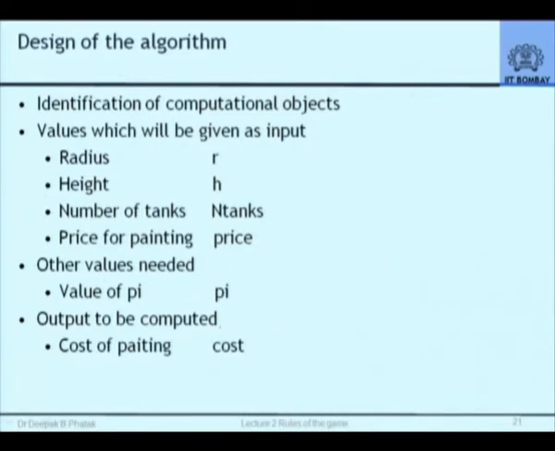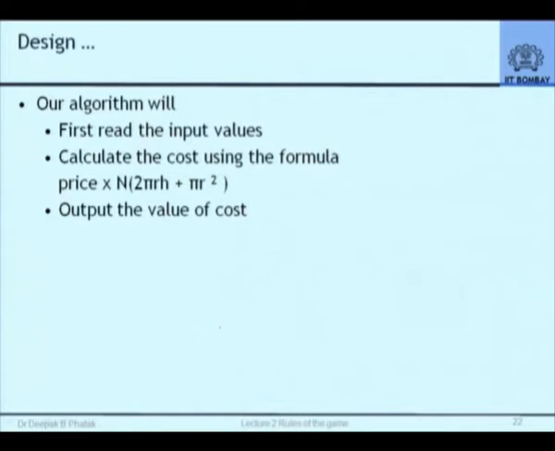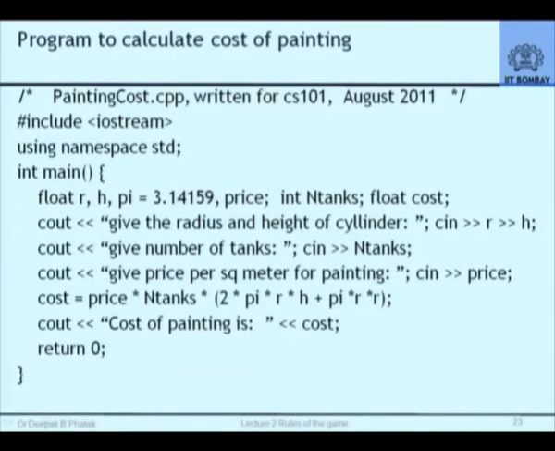What is my algorithm? The algorithm is very simple. First, read the input values. Then calculate the cost using the formula price multiplied by n into (2 pi r h plus pi r square). And then output the value of the cost. Simple. This is the program which will calculate the cost of painting.